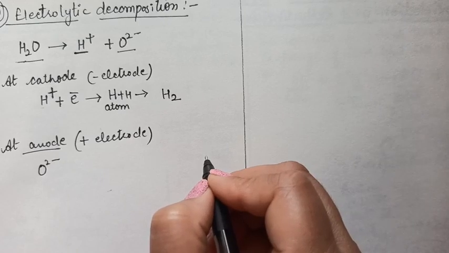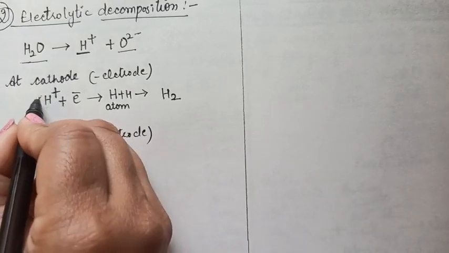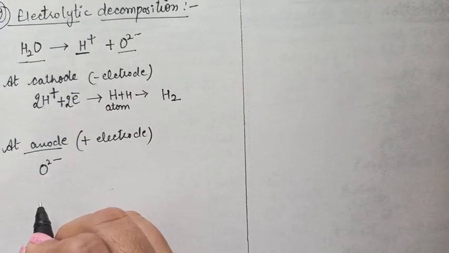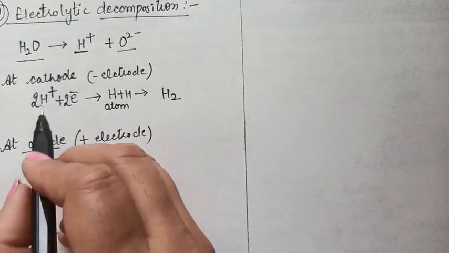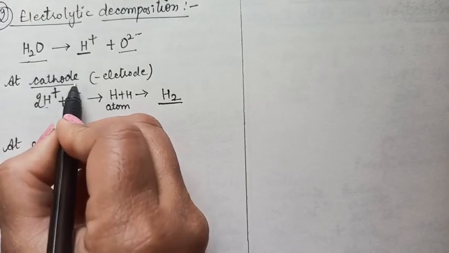Now on balancing, here H is 2, here it is 2, and the electrons are also 2. Now it is balanced. So in this way the hydrogen gas is formed at the cathode.